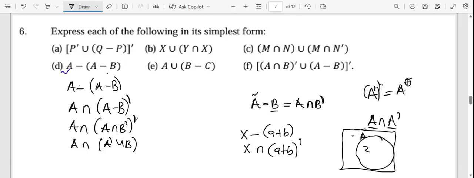If I bring a set and an empty set, this set doesn't have anything, and this set has 2. Where do they intersect? They will intersect at the empty set, because they don't have something in common. So I want you to know that A intersection A complement is always empty.